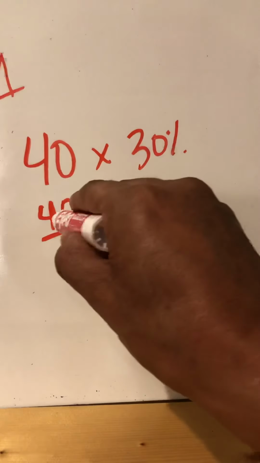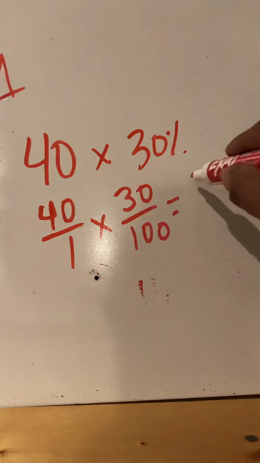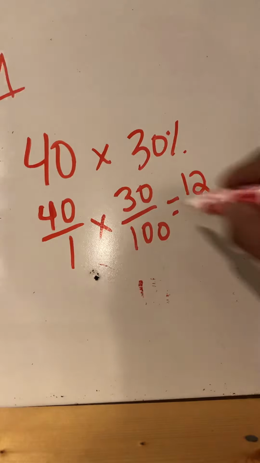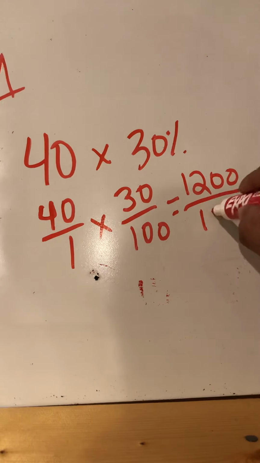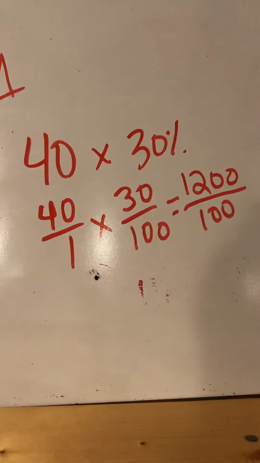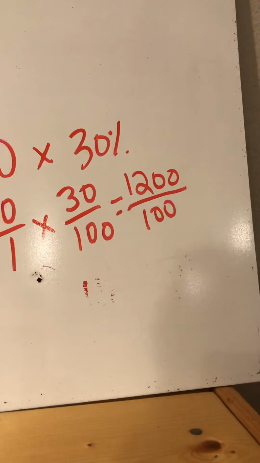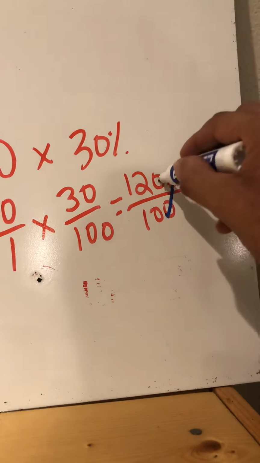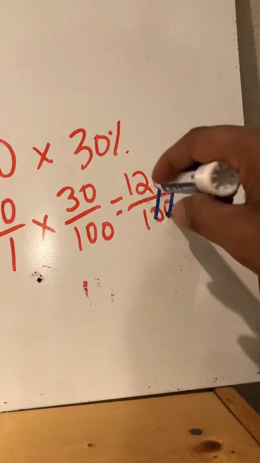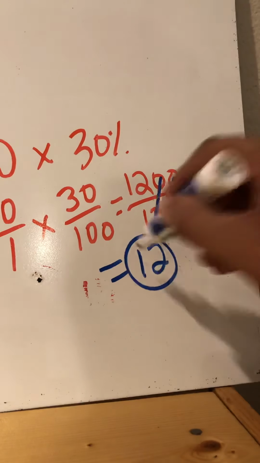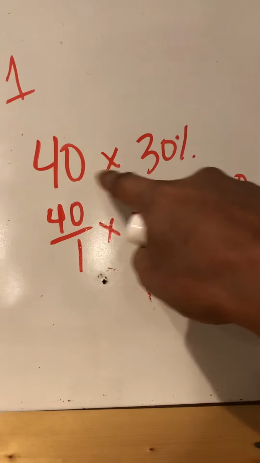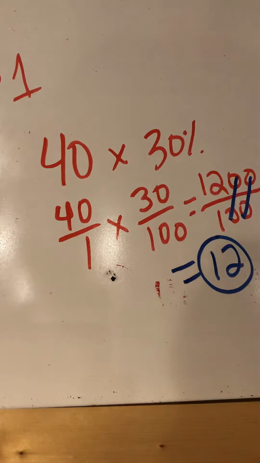And we would multiply straight across. 40 times 30, well 4 times 3, I know it makes 12, plus my 2 zeros. So that makes 1,200 over 1 times 100. So the beauty of having zeros is that you're able to cancel some of those zeros out. So 12 divided by 1, very simple. My answer would be 12. So 30% of 40 is 12.